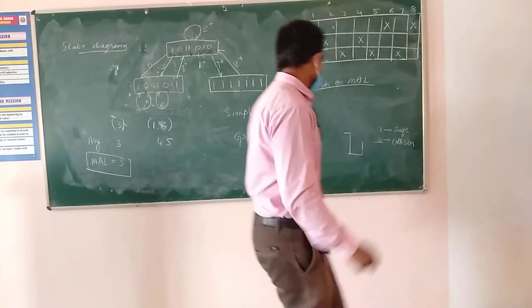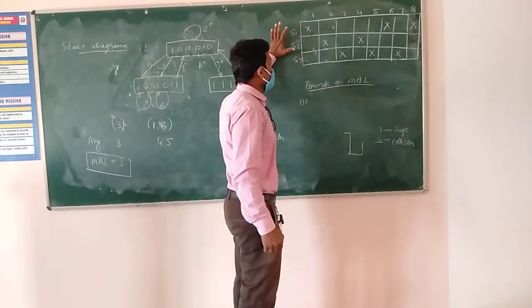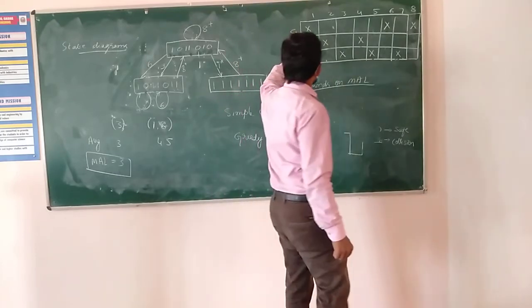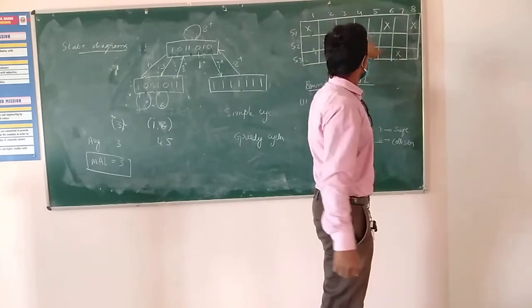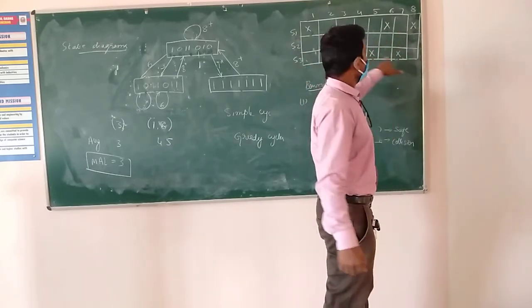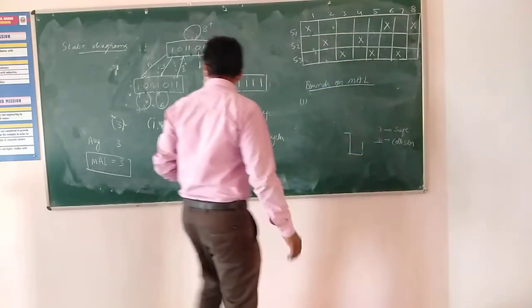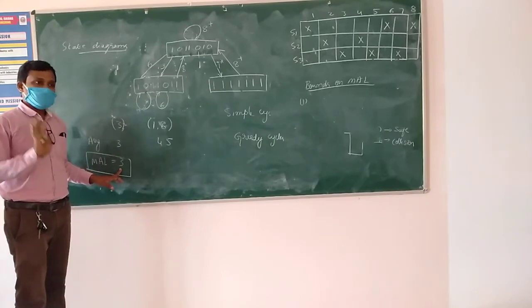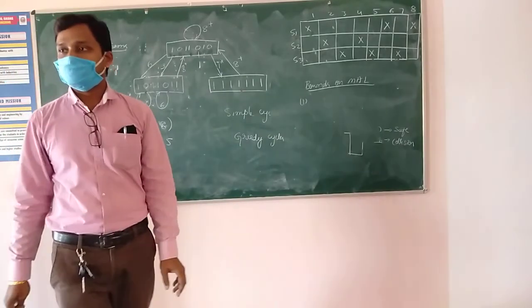So once you derive MAL, you have to find the number of check marks in each row of the reservation table. In the first row, how many check marks? 3. Second row, 2. Third row, which is the maximum value? 3. Is it less than or equal to 3? Yes. So this value is allowed.